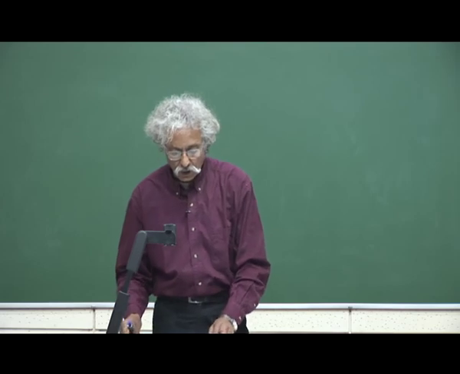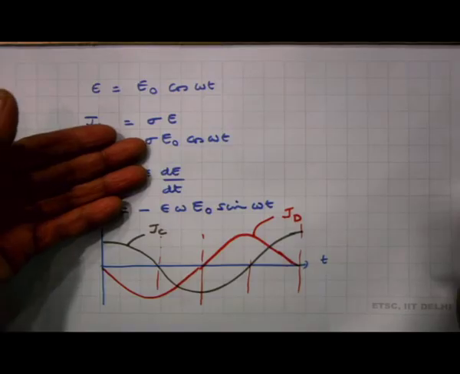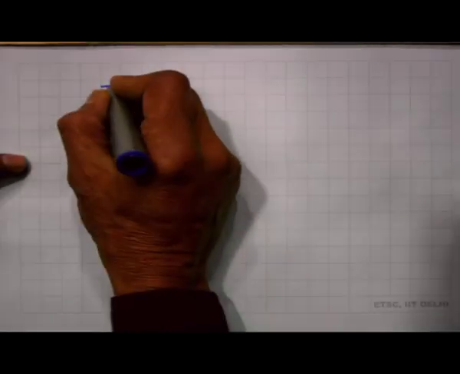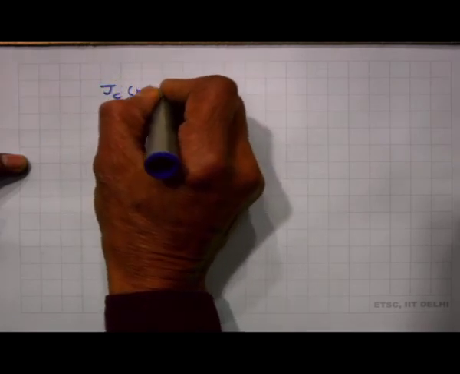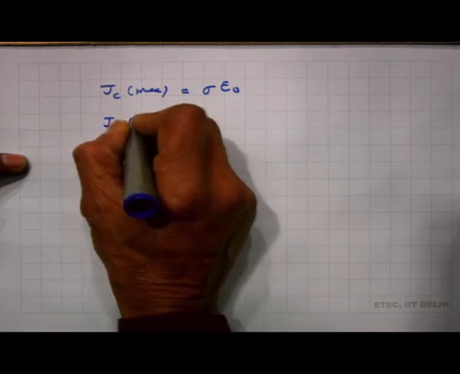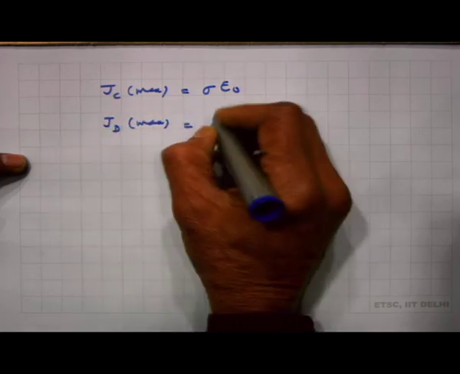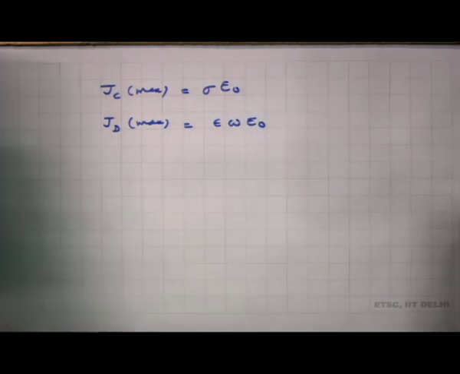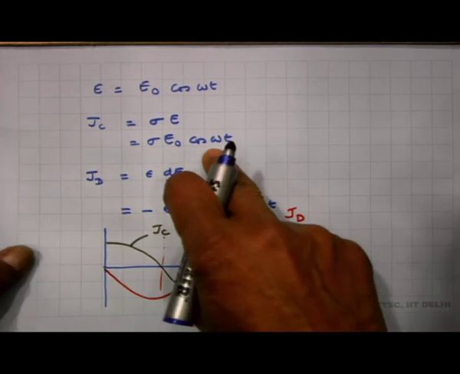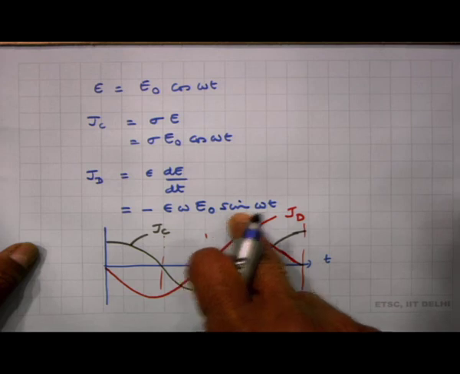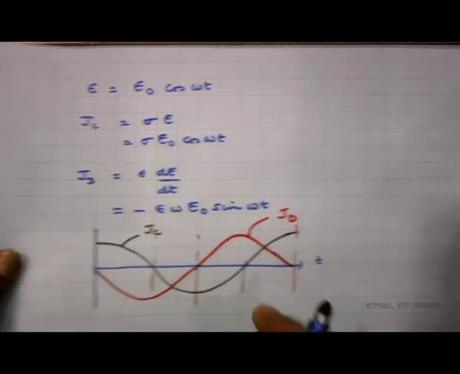I can actually calculate the maximum value of conduction current density and compare it with the maximum value of displacement current density. The maximum value of conduction current density, JC max, is equal to sigma E0, and JD max is equal to epsilon omega E0. The maximum of conduction current density appears when cos omega t is 1, that is sigma E0, and the maximum of displacement current density happens when sin omega t is minus 1, and that is epsilon omega E0.